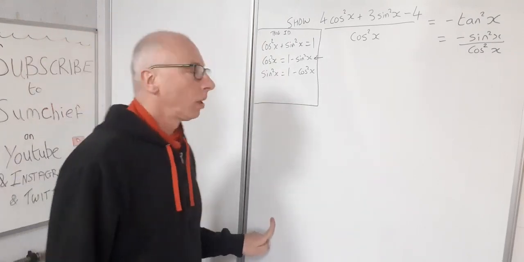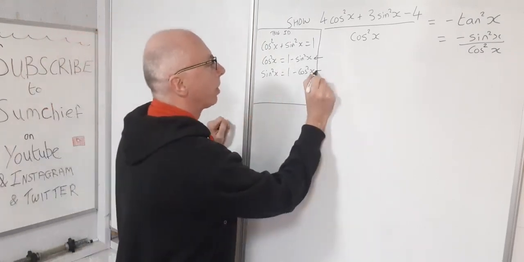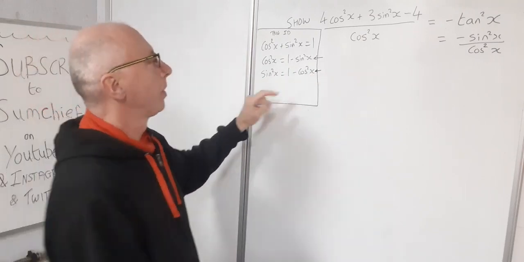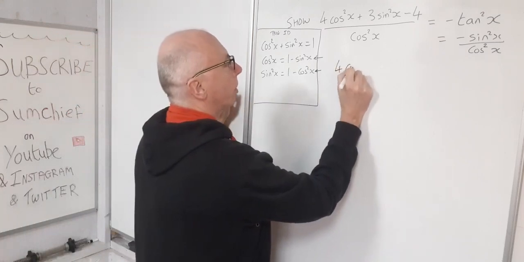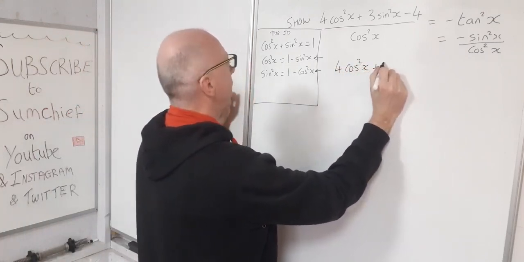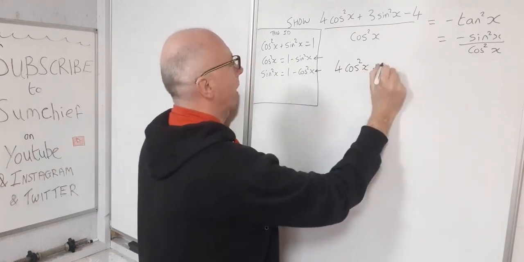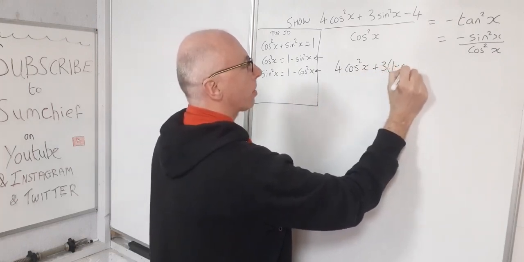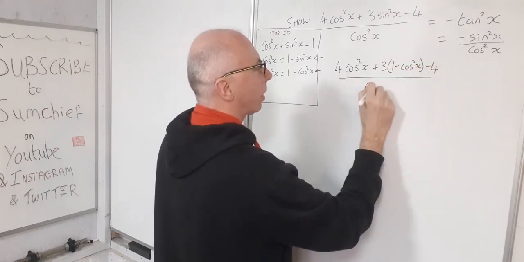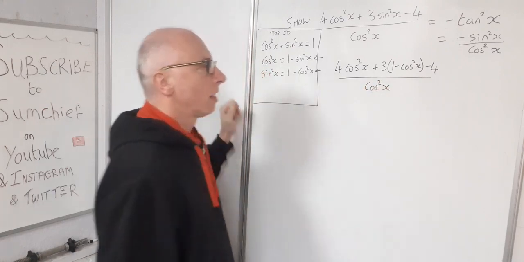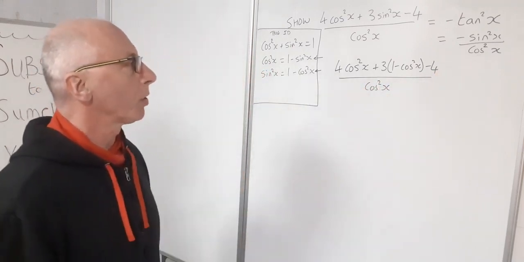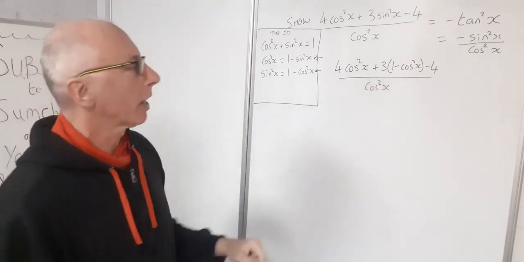Okay, now let's try with this one. So now sine squared x, I'm going to substitute for this one. So now I've got 4 cosine squared x plus 3 times sine squared x, which is 1 minus cosine squared x, minus 4 over cosine squared x. So as before, I've got cosine squared x in my denominator. I want to have that untouched if possible. So let's multiply out the brackets.